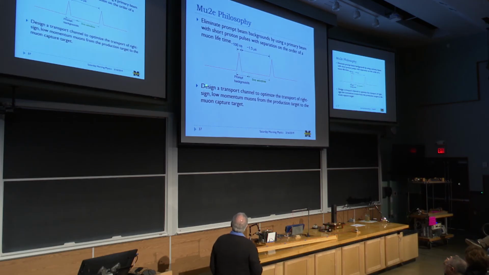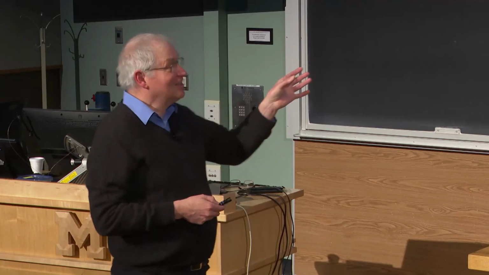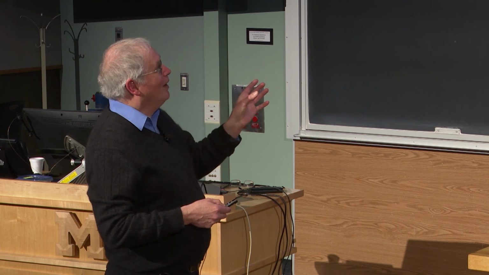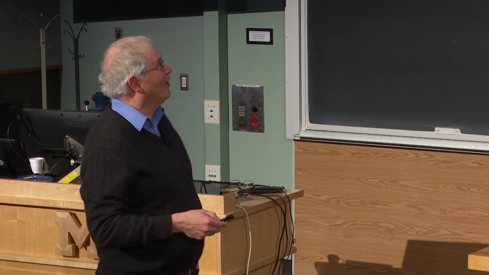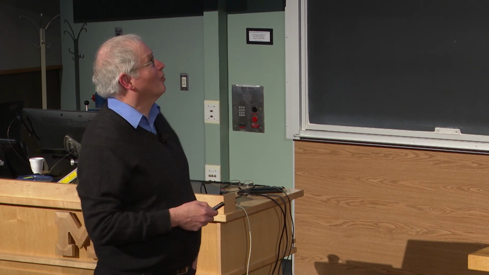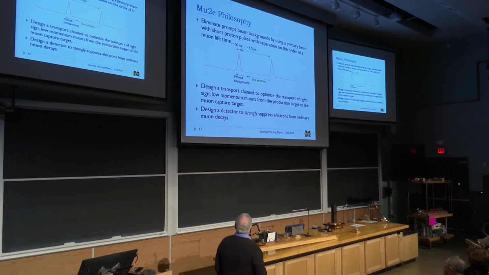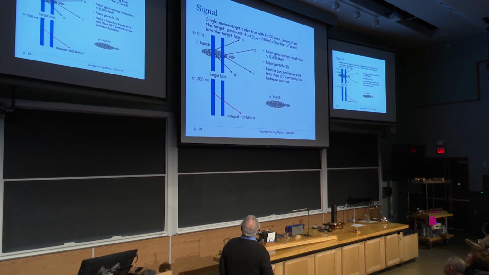And we need to design a transport channel to capture these guys and transport the right sign. Conversi and Pancini did this with magnetized steel. Low momentum muons go from the production target where they're made to the capture target where they land on this aluminum. And make a detector that captures this electron from all of the other electrons.